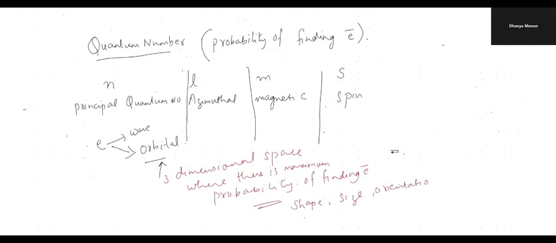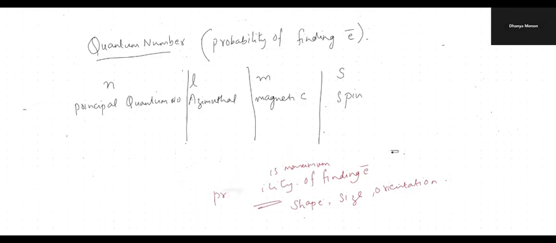Just be with me now. So the maximum probability of finding the electron is in the orbital. As we move on with the different quantum numbers, we will learn about it more. We will be using the term orbital frequently. Orbital is the place where there is maximum probability of finding the electron.